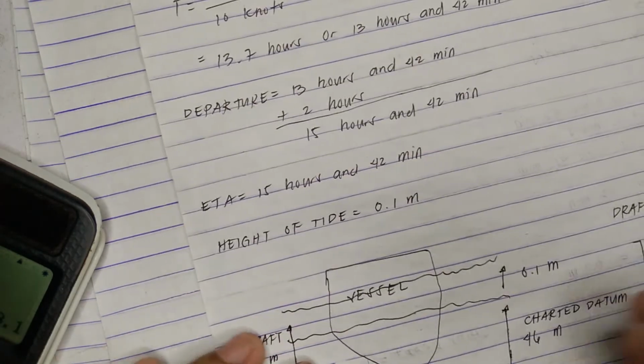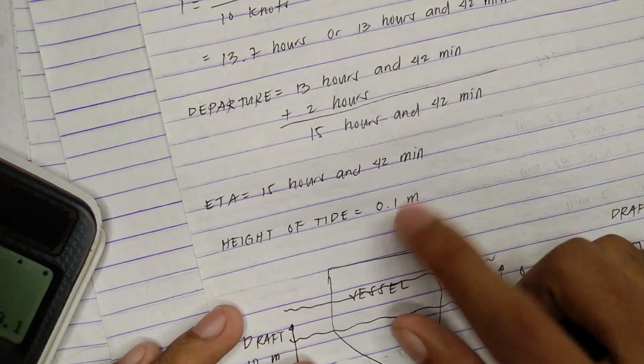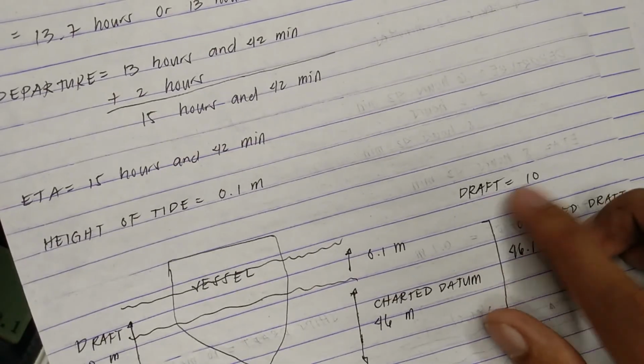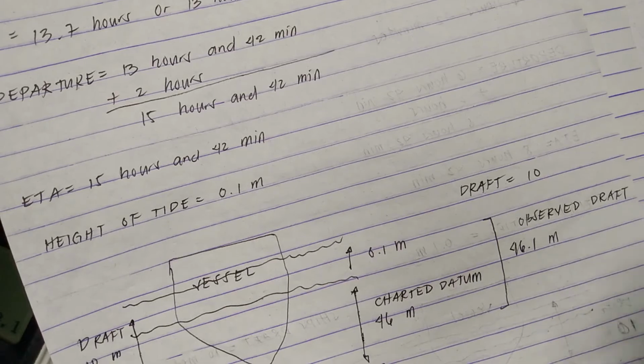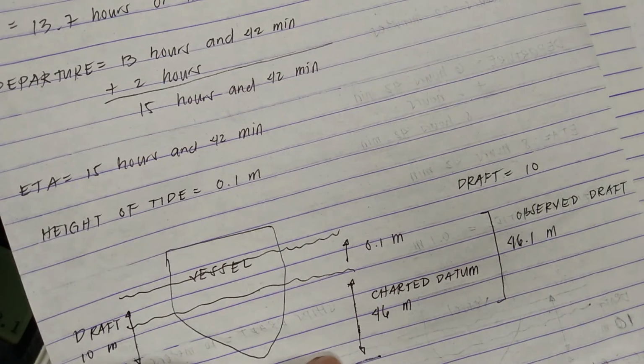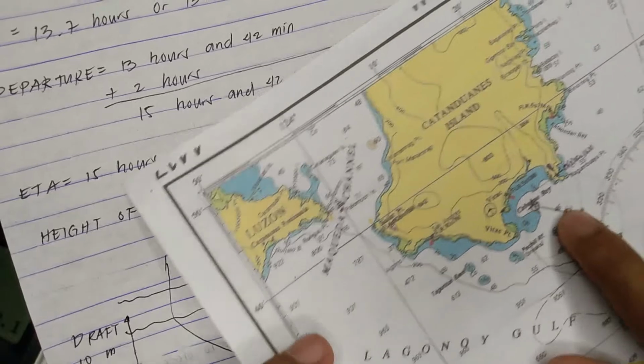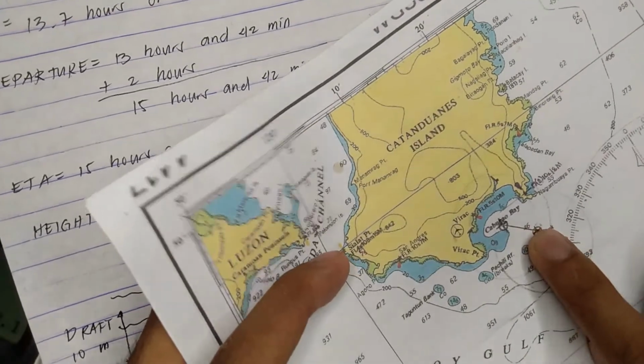In the Virac Bank we have a height of tide of 0.1 meters, and the ship's condition is still a 10 meter draft. And we have to identify the charted datum here in Virac Bank. So we have here 46, as you have seen.